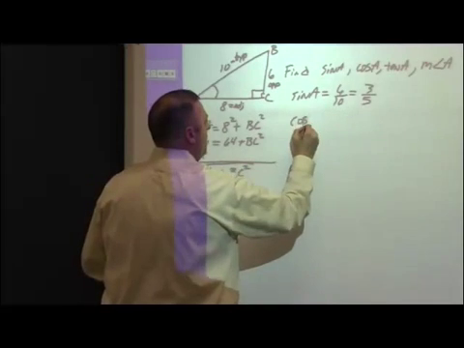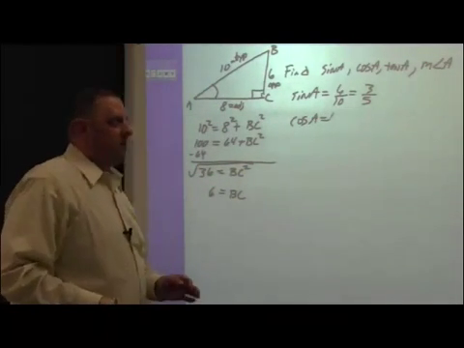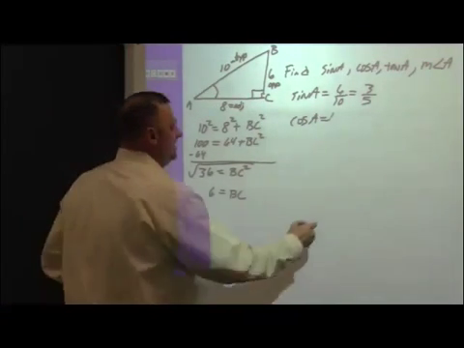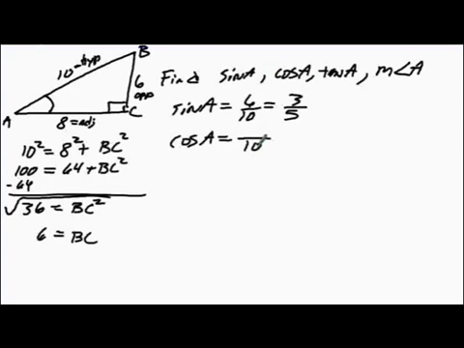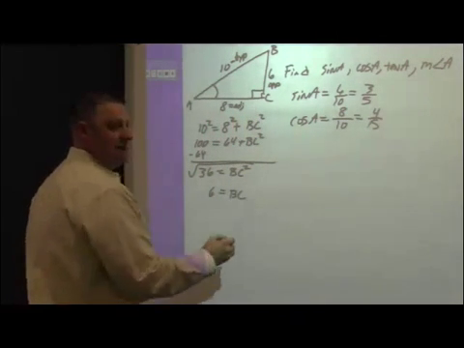Cosine. Let's see, what was that? It was SOH CAH TOA, so it's going to be adjacent over hypotenuse. We know the hypotenuse is 10. Adjacent is 8. So reduce that, and it's going to be 4/5, because 2 goes into 8, 4 times, and 5 times into 10.